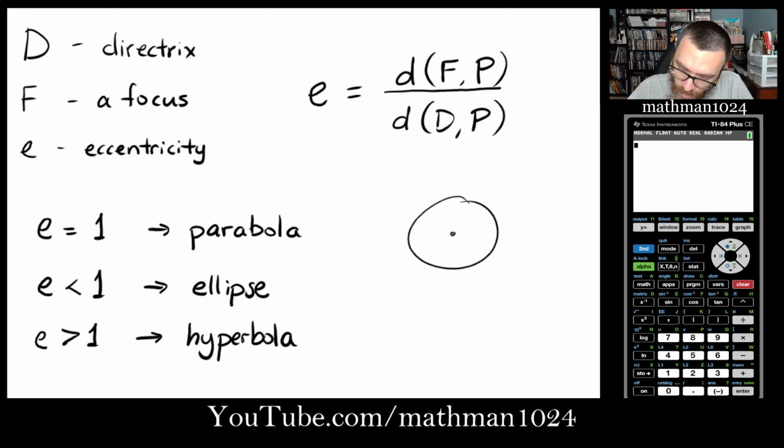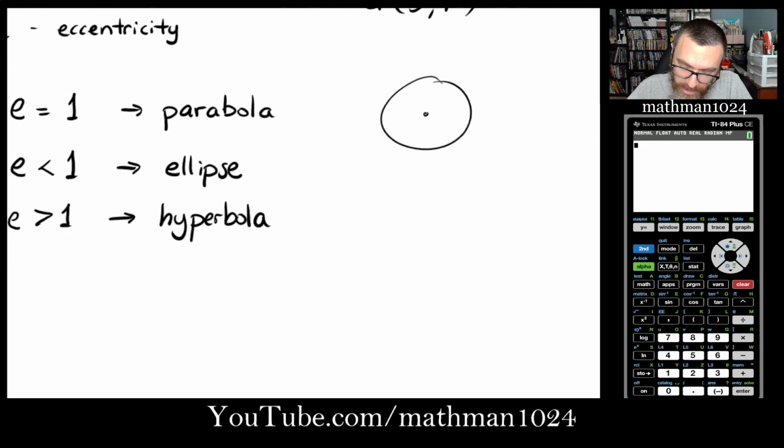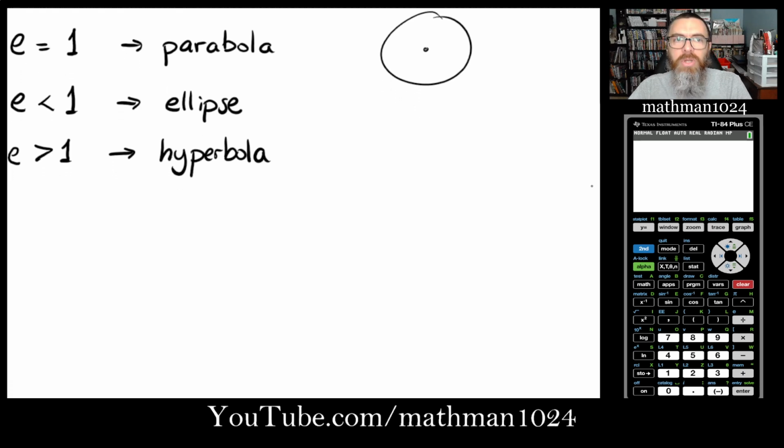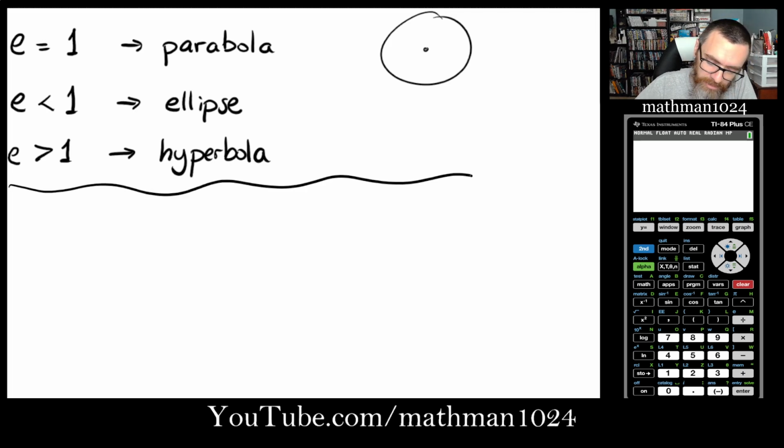So there are 4 main equations that we're going to be looking at when it comes to these conic sections written as a polar equation. They're all pretty much the same. It's a matter of understanding the orientation of your graph. And these are all based on having a focus at the origin.